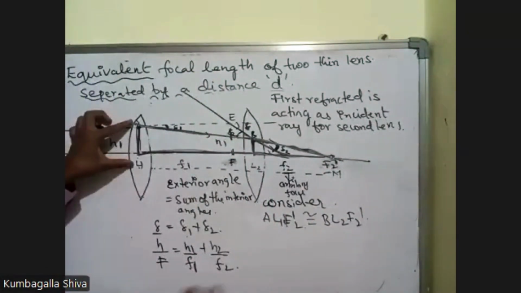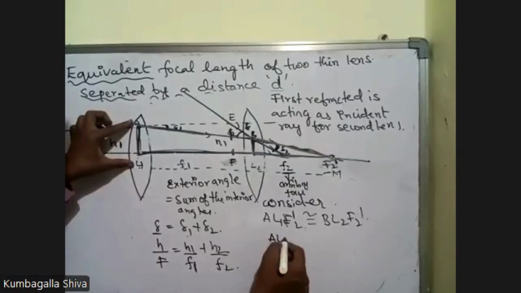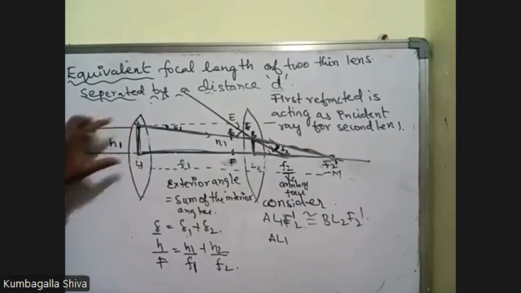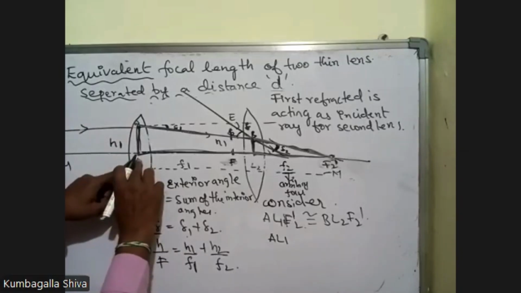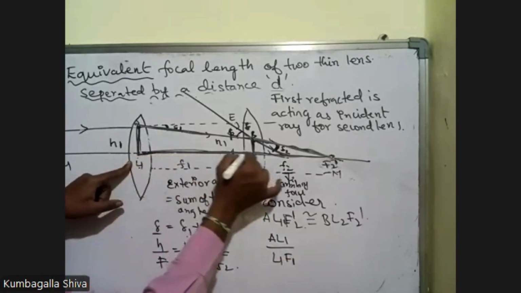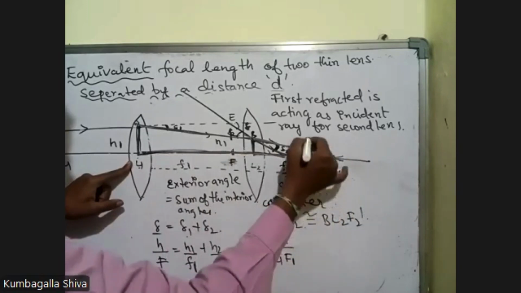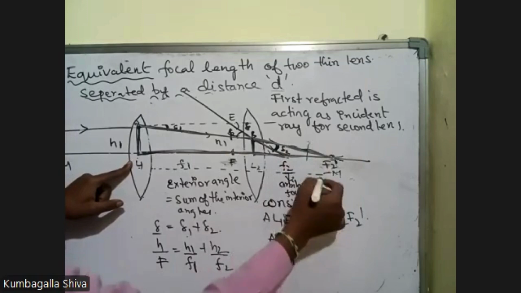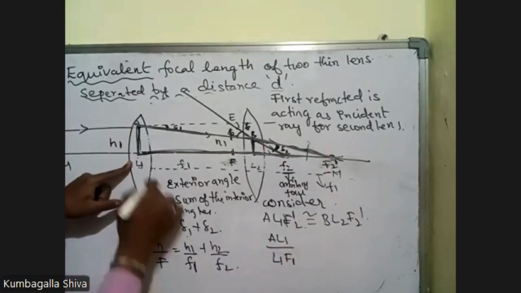Now A L1 by L1 F1, where L1 F1 means from here to here, this is F1.